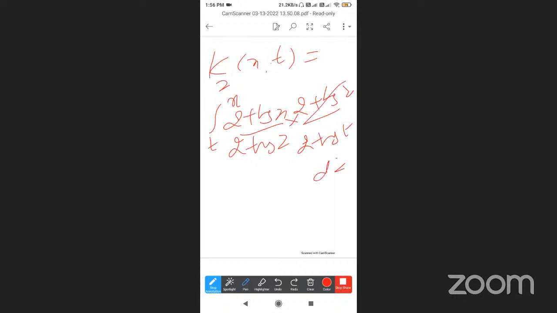So 2 plus cos z and 2 plus cos z are cancelled. The remaining part is t to x, 2 plus cos x by 2 plus cos t into dz. So this is a constant, 1 into dz.